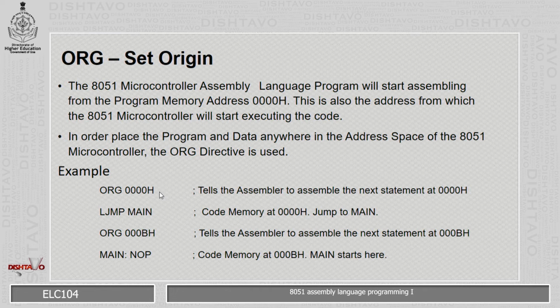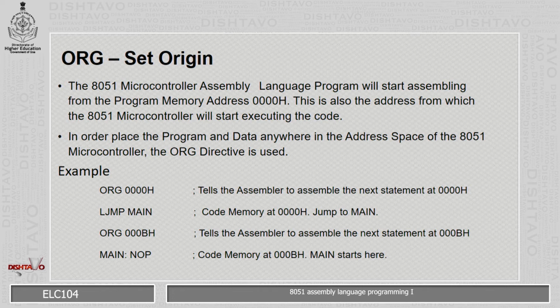The meaning of this is to originate the program, or start writing the program in program memory from 0000H onwards. In this example itself we'll try to understand what happens. ORG 000H tells the assembler to assemble the statements at 00H onwards.